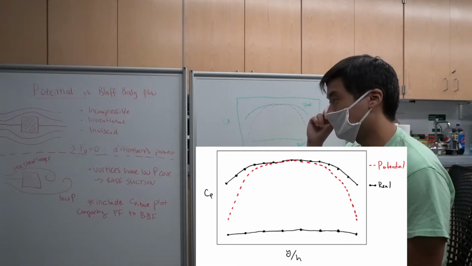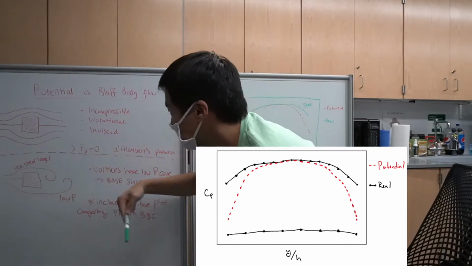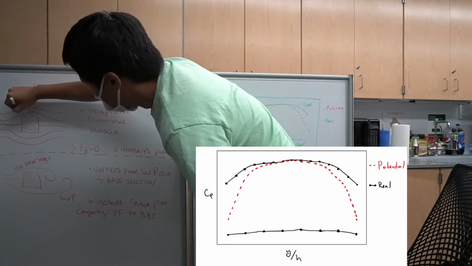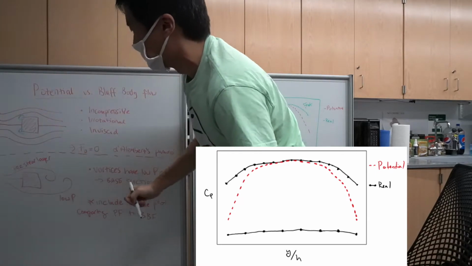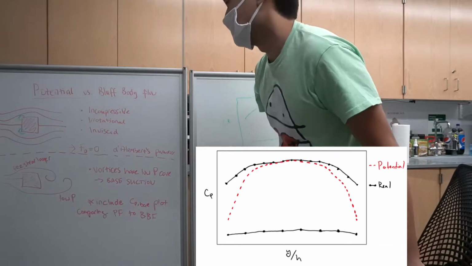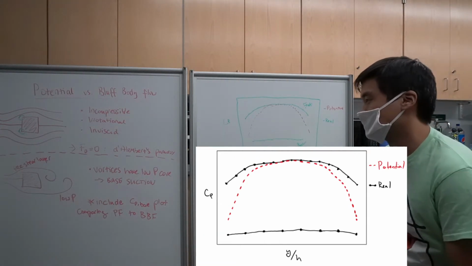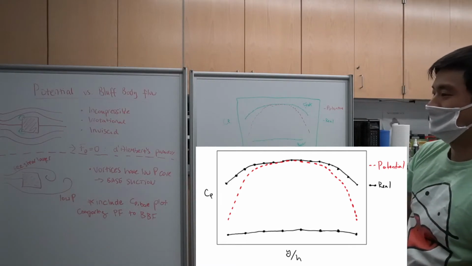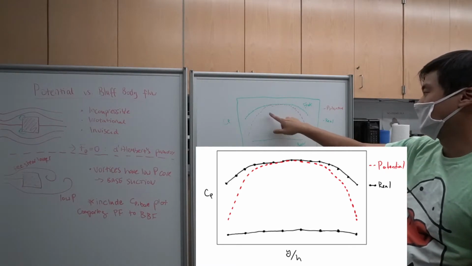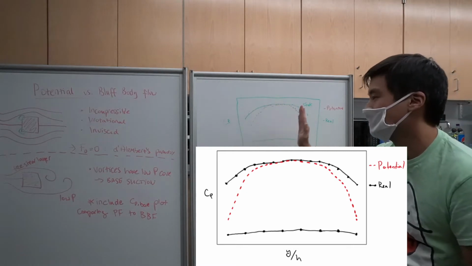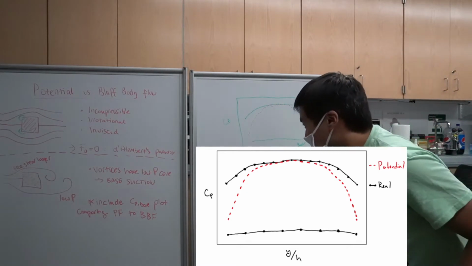And so to stay attached, the streamlines would actually have to accelerate to velocities of infinity at the corners of the square cylinder for our potential case, whereas that doesn't happen in real life. And so that explains the divergence as you get further away from the center point.